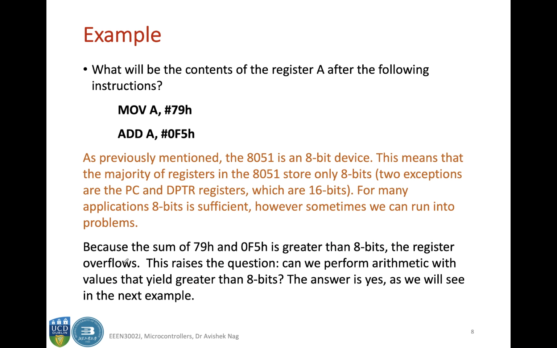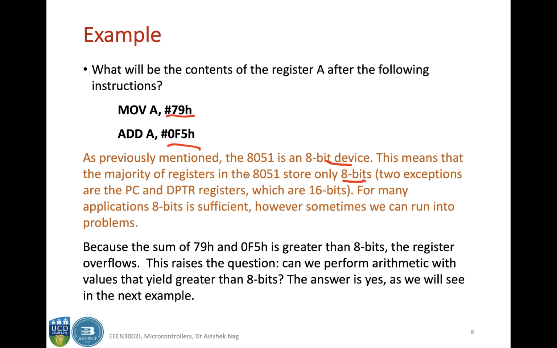Now let's check another example. What will be the contents of the register A after the following instructions? Basically this is adding two numbers, 79 hex and F5 hex. As we all know by now, the 8051 is an 8-bit device, so the majority of the registers are 8 bits.